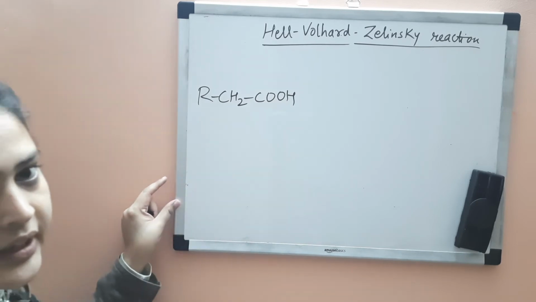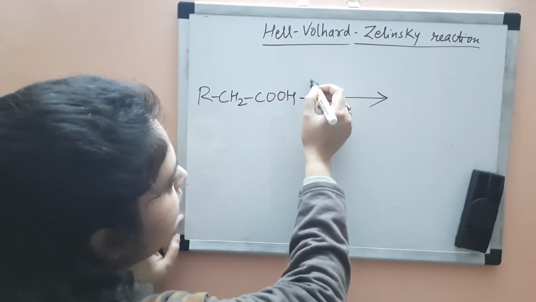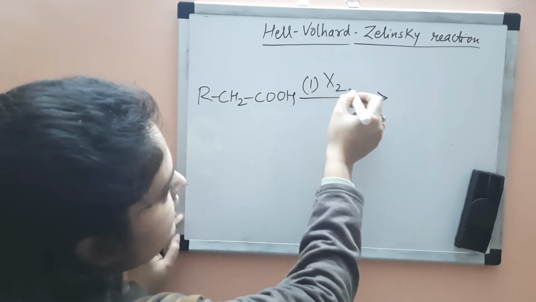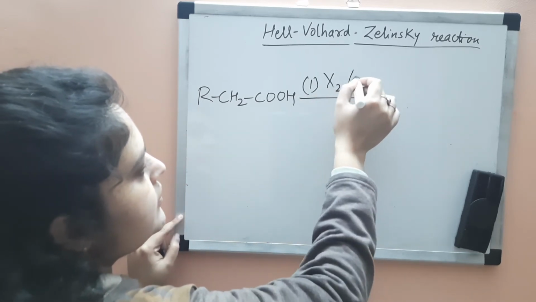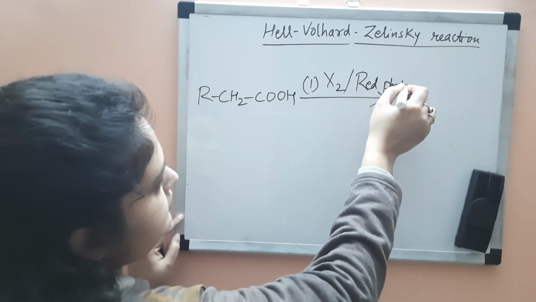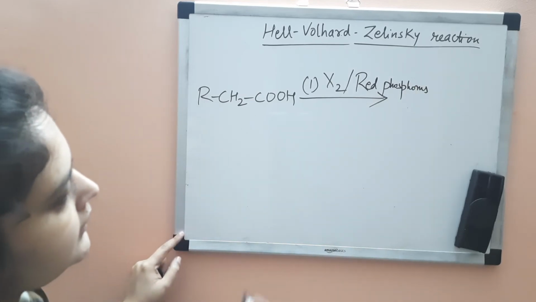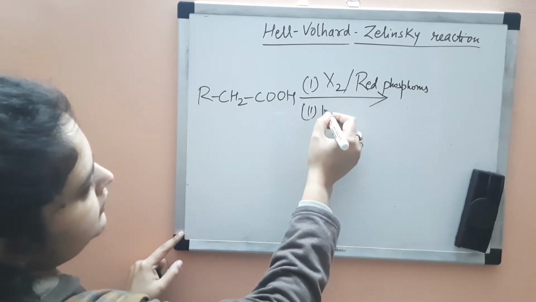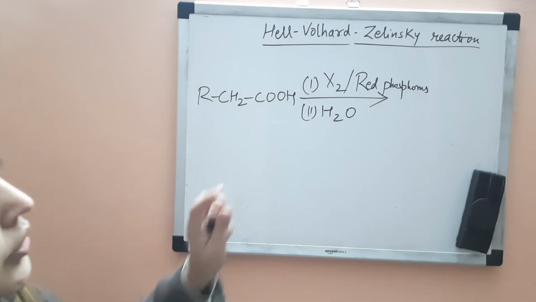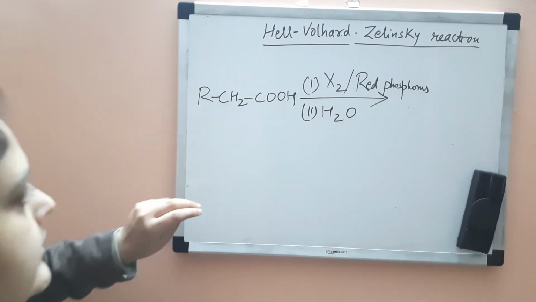So this has alpha hydrogen atom, and when you treat it with what? Halogen X2 in the presence of red phosphorus, and then add water to it, then what will you get? You will get your product as alpha halocarboxylic acid.